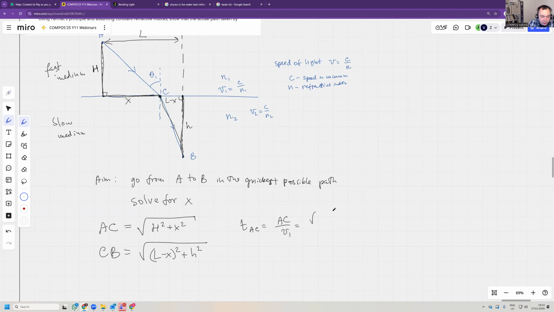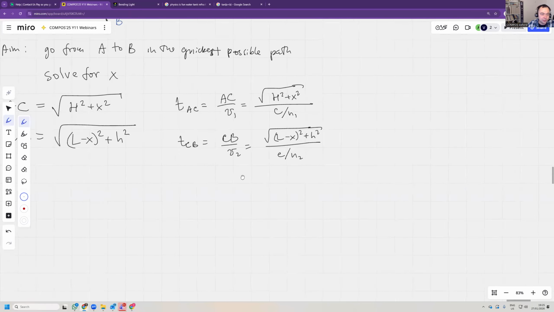That's the square root of h squared plus x squared over v1, which is c over n1. The time to go from C to B is CB divided by v2, which is the square root of (L minus X) squared plus h squared, divided by c over n2.